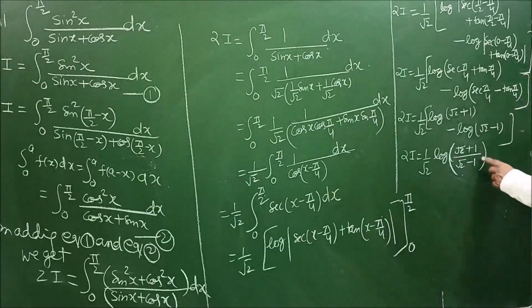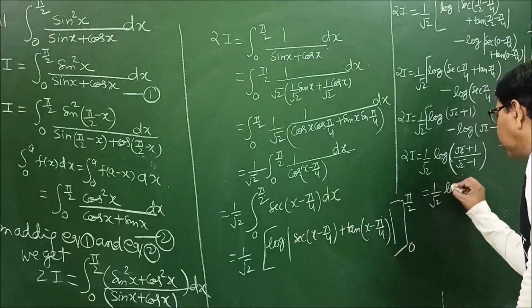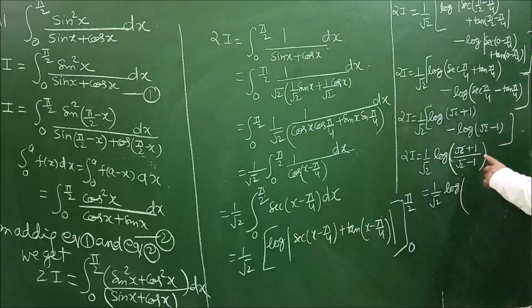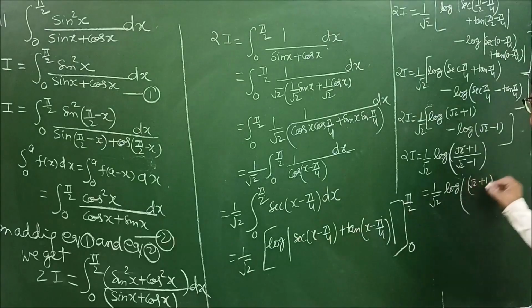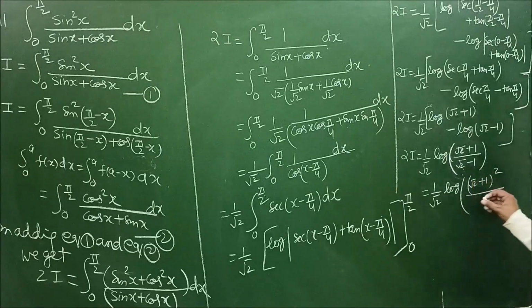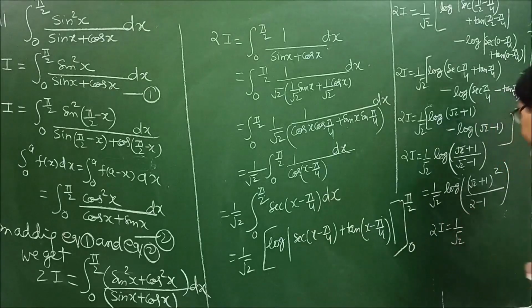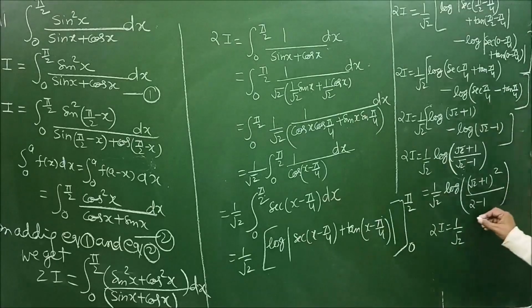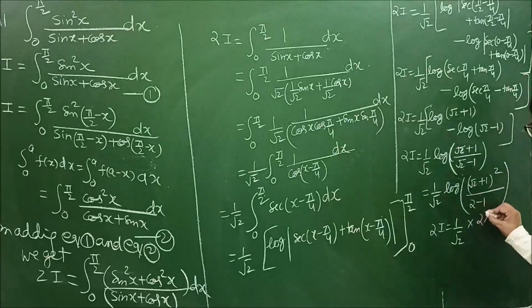Now rationalizing this value: 1 upon root 2 log of, multiply and divide by root 2 plus 1, so root 2 plus 1 whole square, and root 2 minus 1 times root 2 plus 1 is 2 minus 1. So 2I is equal to 1 by root 2 times 2 log of root 2 plus 1, using the formula log m raised to the power n is n log m.